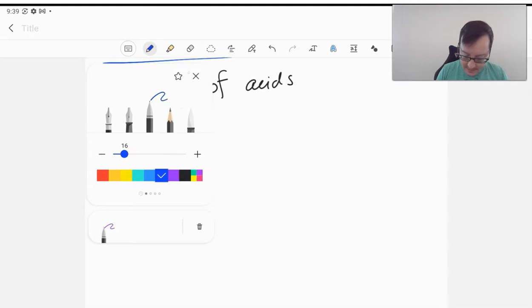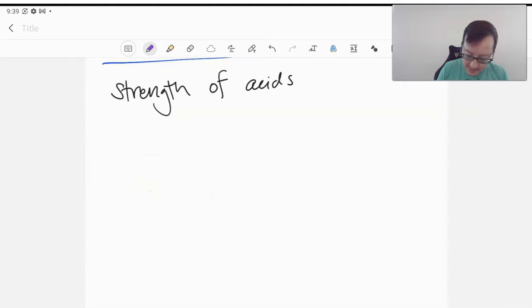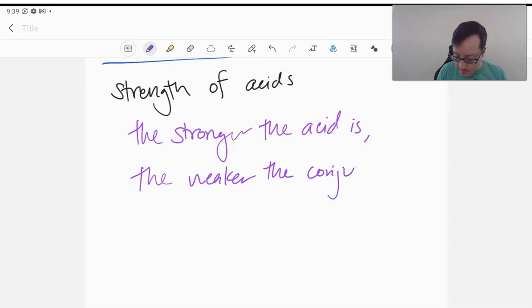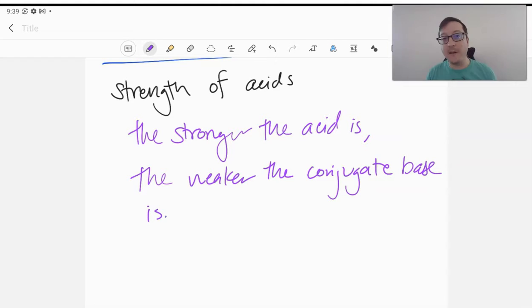That trend tells us that the stronger the acid is, the weaker the conjugate base is. And that's going to be a very important consideration for us, especially when we go into organic chemistry.